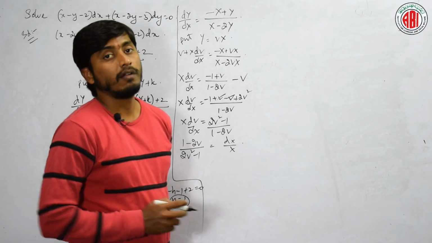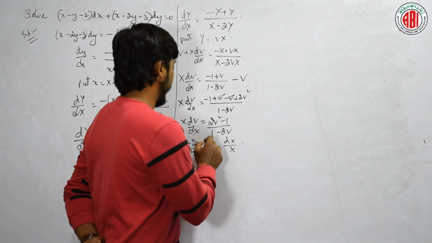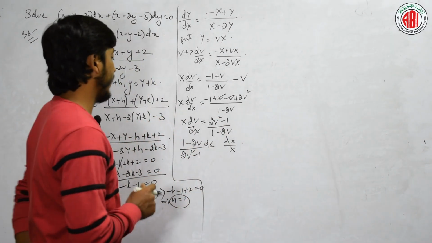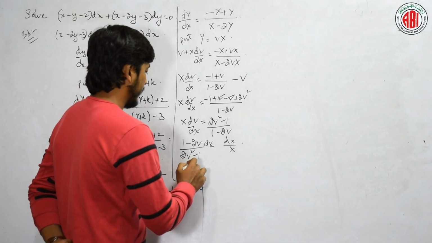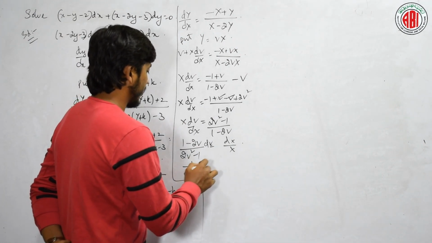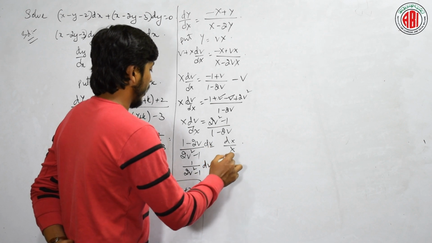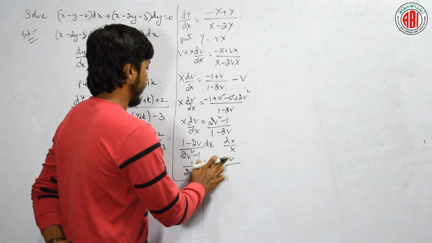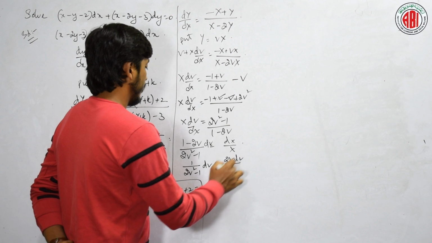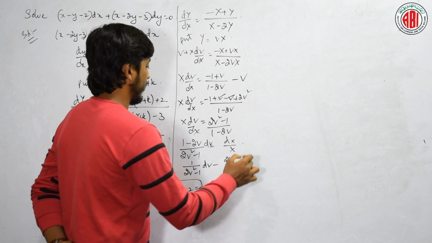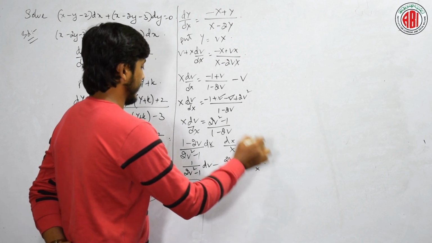Is it right? Now, let us directly integrate it. How do we integrate? Let us separate this. 1 by (2v square minus 1) dv minus 2v by (2v square minus 1) dv, that is equal to dx by x.